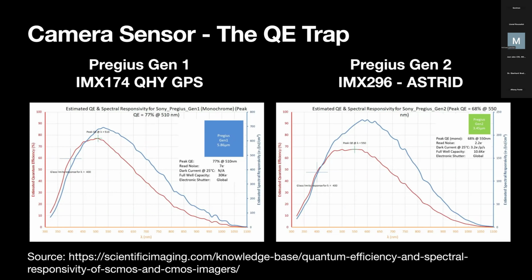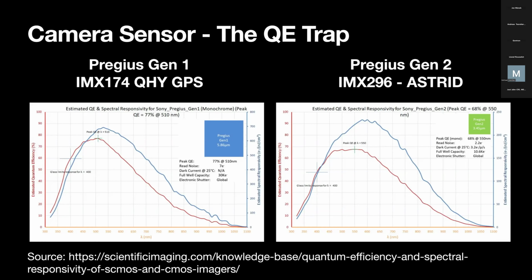If you look at the area under the curve, which is what matters when we're looking at a star, we're looking at all frequencies of light, essentially white light, partially into the infrared and maybe a bit into the UV. Then the Astrid one actually performs better because the area under the curve is higher. So you're getting more photons on the second generation Pregius sensor than on the older Gen 1 sensor in the 174. I'm just giving an example of how the QE is better.